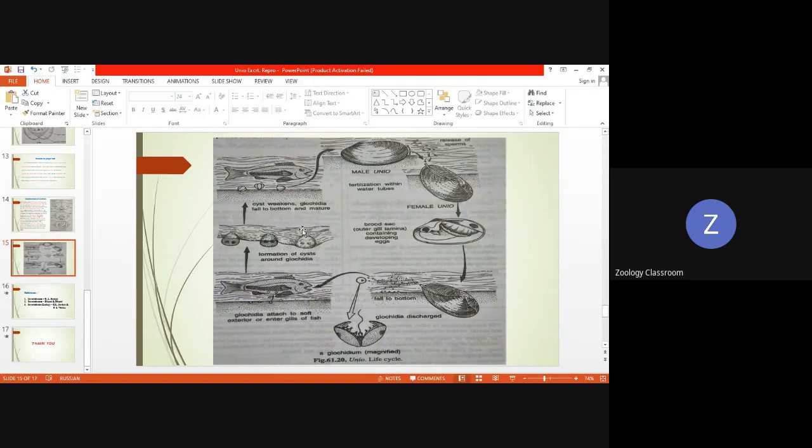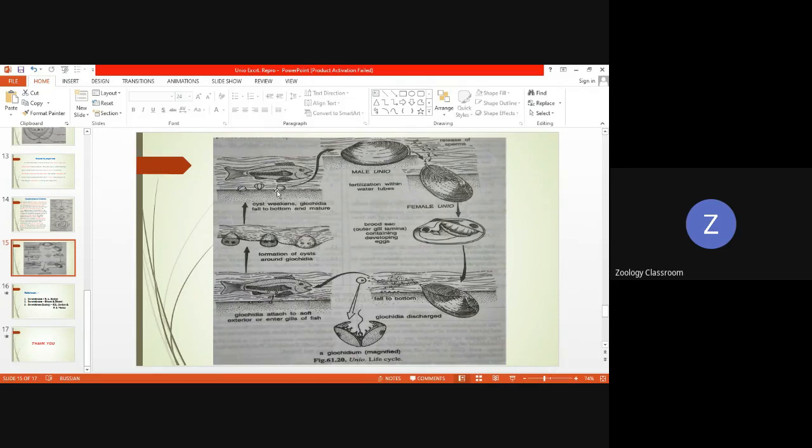And after the full development of the larva, metamorphosis of the larva, as it grows, the cyst wall, that is skin of the fish, becomes weak. And once the skin becomes weak, it ruptures and this young bivalve is released out in the water.